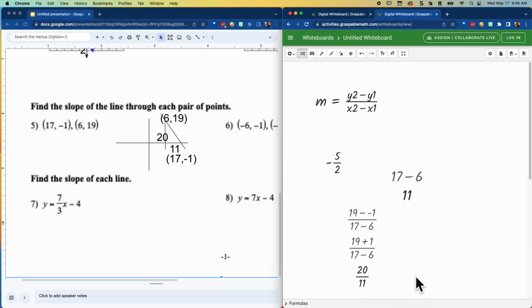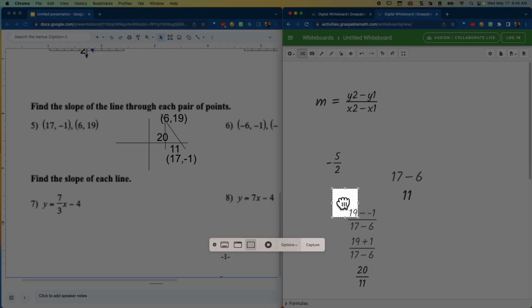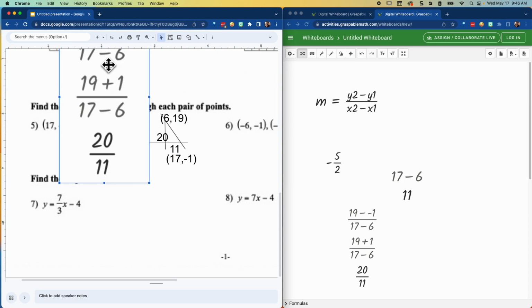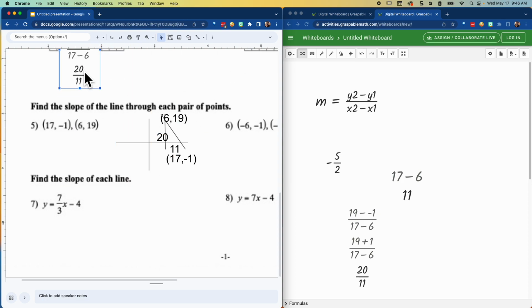So I'm going to copy and paste this whole calculation into there as well. Do you have to do the entire thing? Not necessarily. But it is the way you would show all the calculation work. Could your picture count as calculation work? Yes, you could have had the picture and then just labeled it with the 20 and the 11.